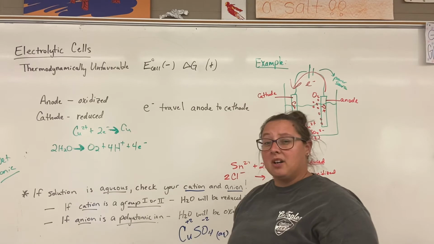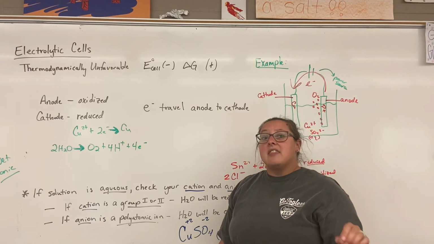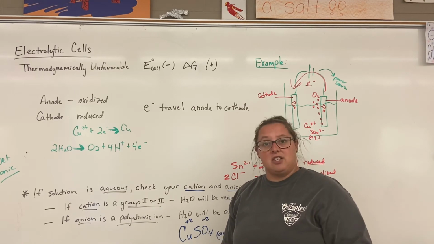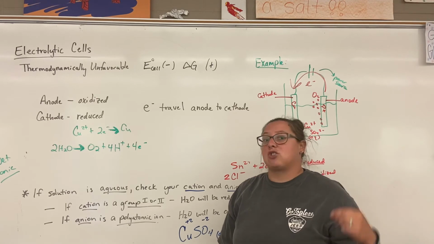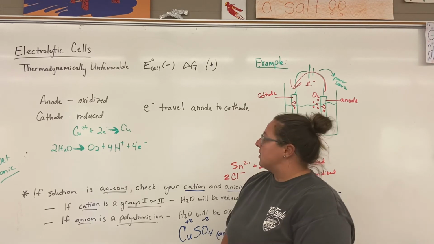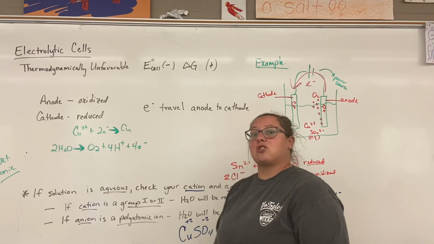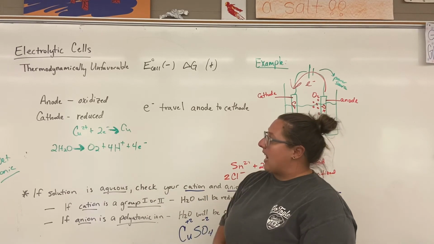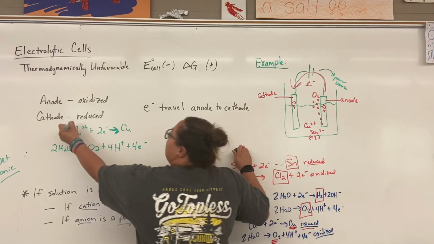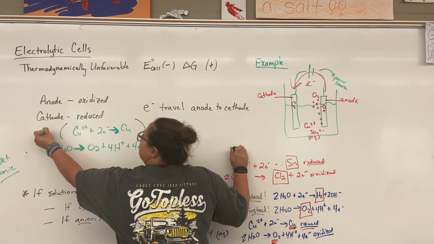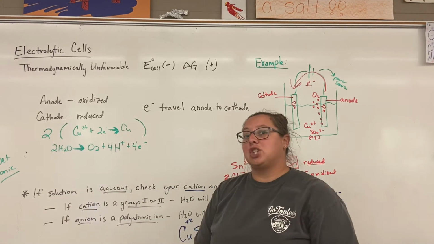And remember, from galvanic cells, this is how we get our n value, our total moles of electrons transferred. And so 4 would be our total moles of electrons transferred in this reaction, because I would want to multiply this whole entire reaction by 2.